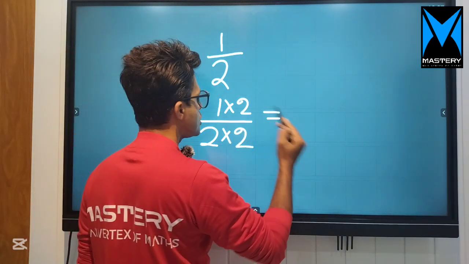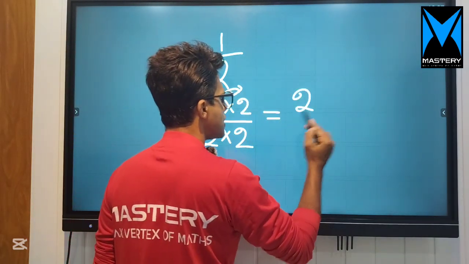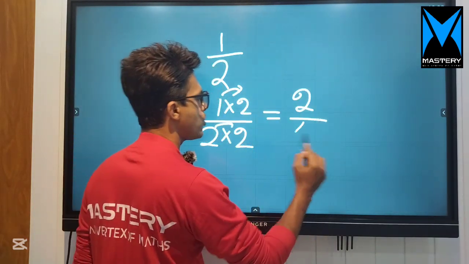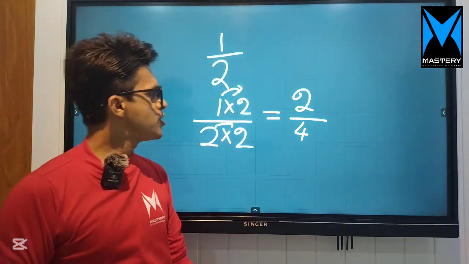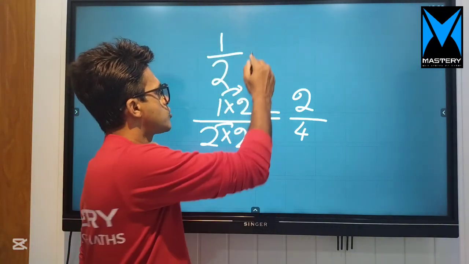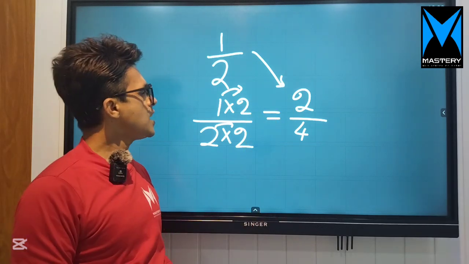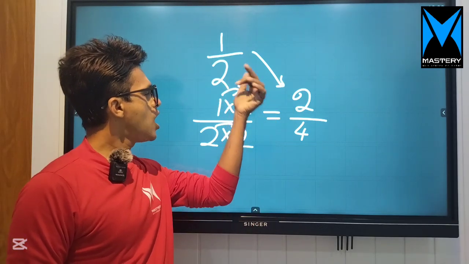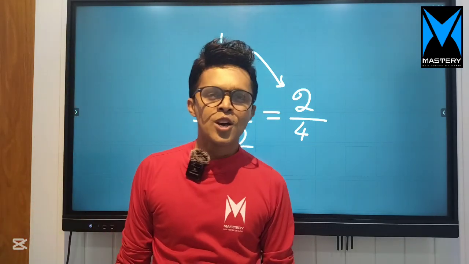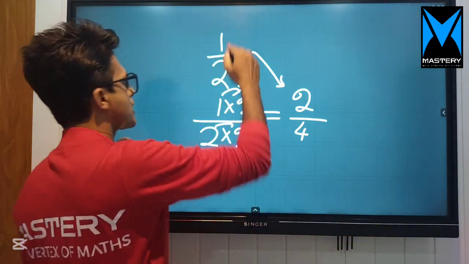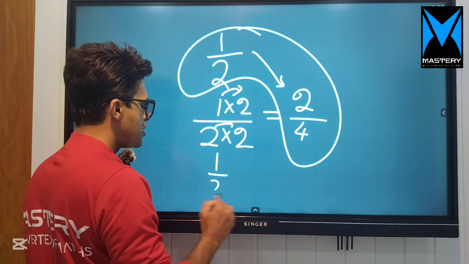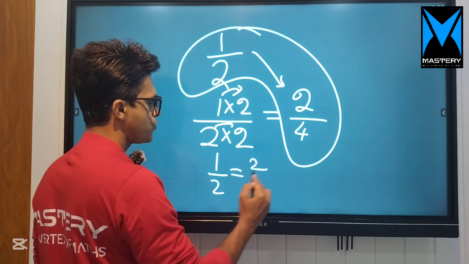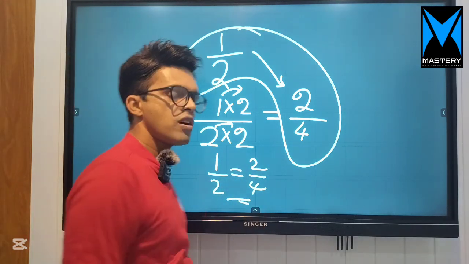So 1 times 2 is 2 and 2 times 2 is 4. We used half to get 2 over 4. Therefore half equals 2 over 4 as equivalent fractions.